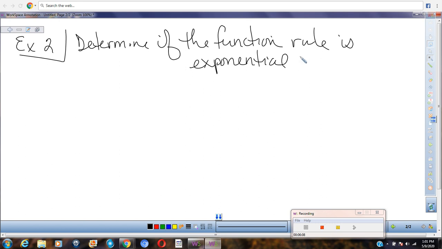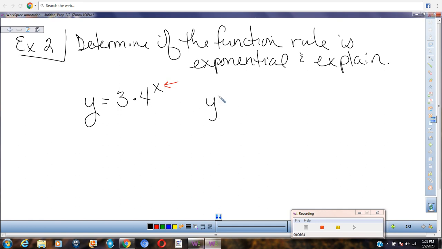And of course, we're going to explain. If you're given y equals 3 times 4 to the x, you will notice that the x is in the exponent position. Since the x, or the variable, is in the exponent, this is an exponential function.